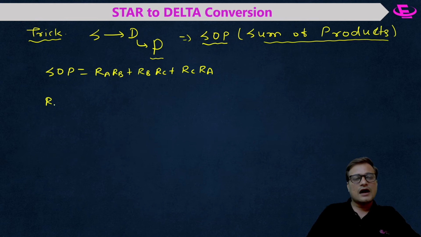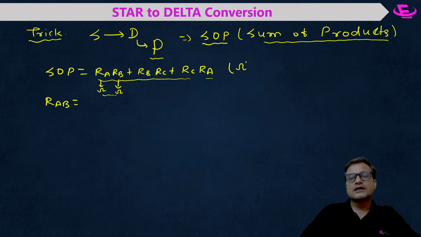So let's write RAB. You can see the unit of this sum of products term. This is a resistance, unit is ohm. This is a resistance, unit is ohm. Ohm into ohm multiplied, it will be ohm square. Now what will be the unit of RAB? Its unit will be ohm.